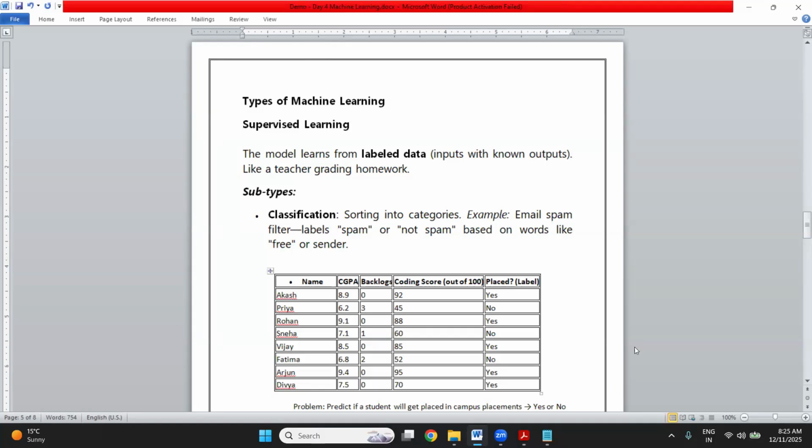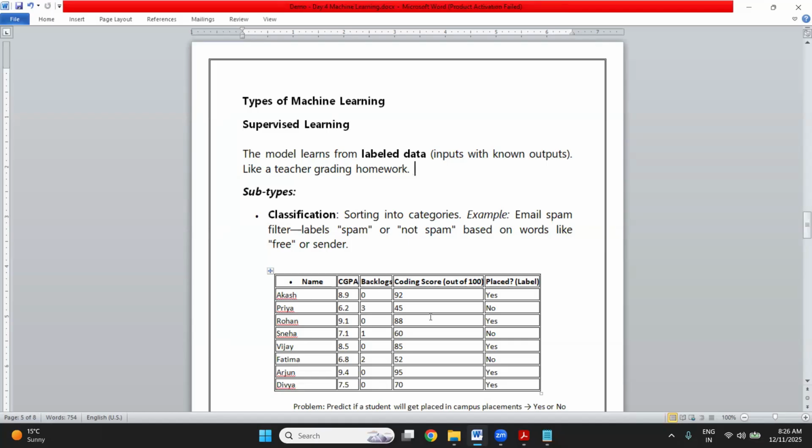Looking at the data, we can judge or give a direct prediction. For example, there is a score sheet summary, and looking at this score sheet summary, we can easily tell whether a student will be placed or not. It will be either yes or no. So the task is very easy in supervised learning.